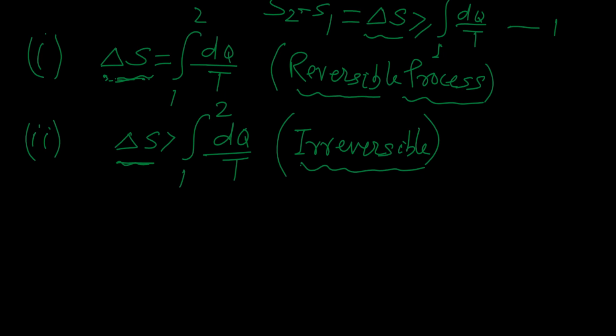So it is clear from this inequality, in a nutshell, we can calculate entropy change in a reversible process exactly, but we can't calculate entropy change or entropy exactly if the process is irreversible.